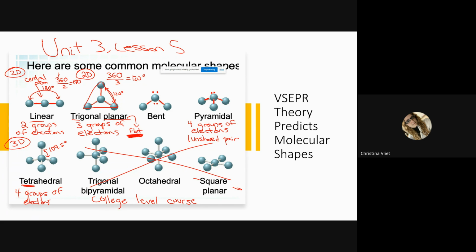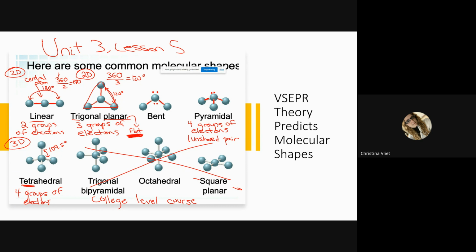The name is called pyramidal because the idea is if you took the top off of a tetrahedral, now you have what's left. What is a pyramid? Anybody ever heard of a pyramid before? Think about Egypt, right? Pyramids. Do those have a specific shape? They have a top, and then they're bent with 3 sides down. So that's what you have to imagine here: the central atom is at the top, and the 3 other atoms are bent down, just like a pyramid.